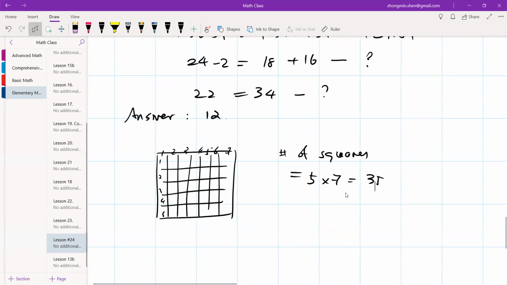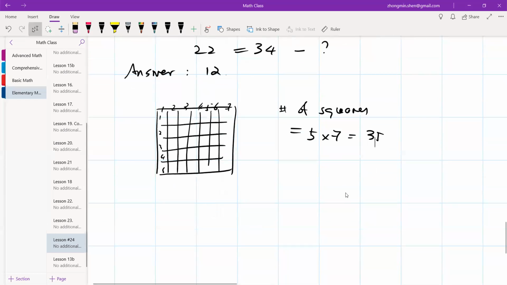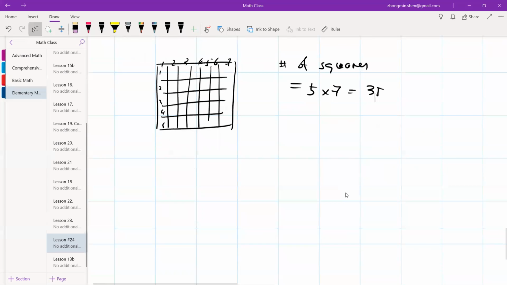So 5 times 7 is the number of all the squares in this rectangle. So area, roughly speaking, is the number of squares in the rectangle.